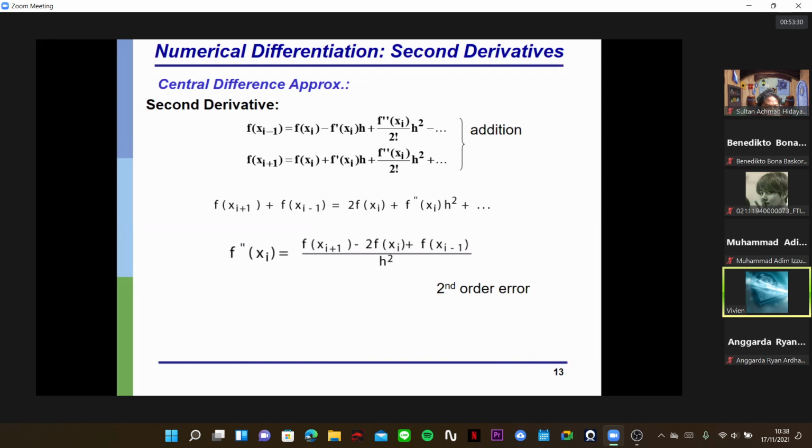So f prime at 0.5 is equal to f at 1 minus f at 0.5, divided by delta x, which is 1 minus 0.5. The result here will be minus 1.45.